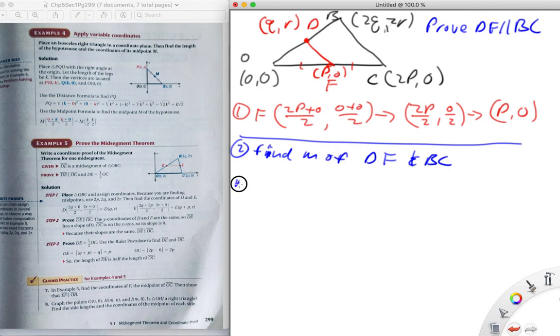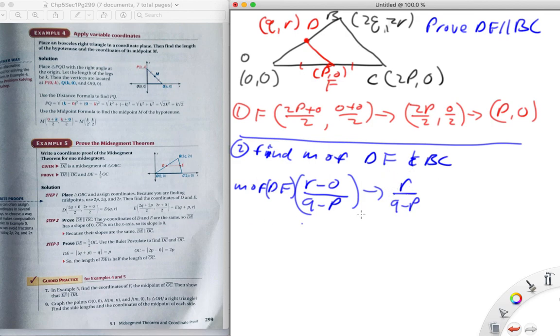All right, so slope of DF. Remember rise over run, y2 minus y1, so let's call these my 2's and these my 1's. Slope of DF. So let's go r minus 0 over q minus p. So r minus 0 is r, q minus p is q minus p.